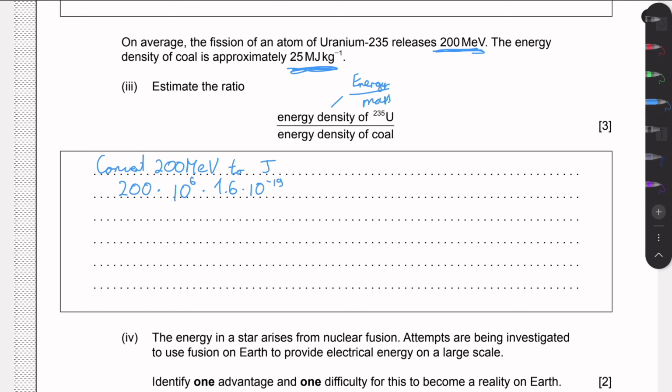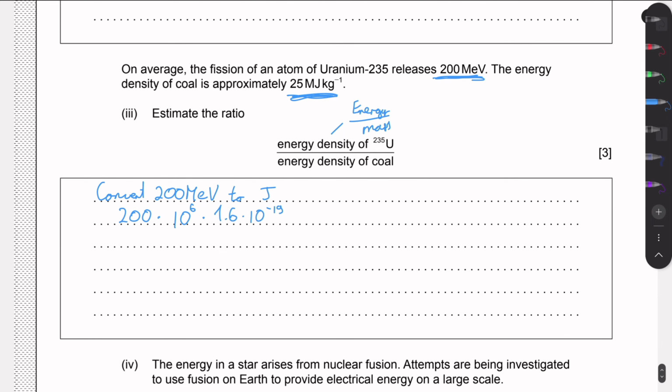And we also want to convert this not only to joules, but we want it to be joules per kilogram. And we know that this is how much energy is released by one atom of uranium-235. But if we can calculate how much energy is released per mole, or if we use fission to react 1 mole of uranium-235, then if we see how much energy we get from that, we can use the fact that the molar mass is 235 gram per mole, and then we can convert it into kilograms.